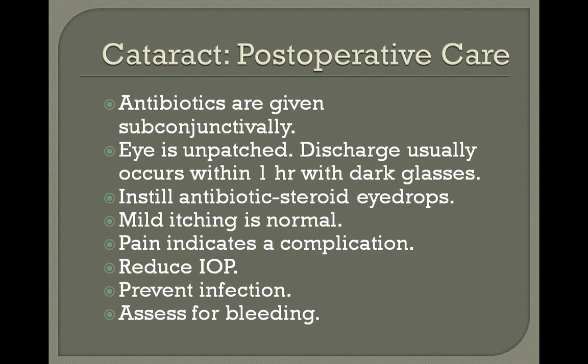The person may have some mild pain, okay? What we don't expect is severe pain. We don't expect the eye to become excessively swollen. We don't expect yellow or green discharge. All of these are signs of a complication of either maybe hemorrhage, increased intraocular pressure, or infection, and those things need to be reported to the physician.